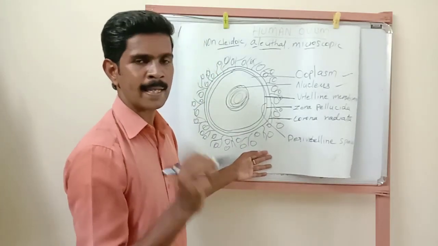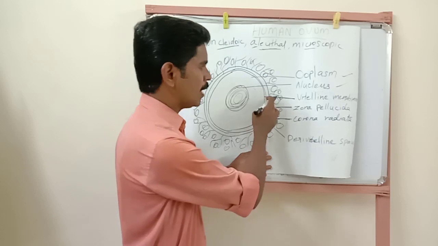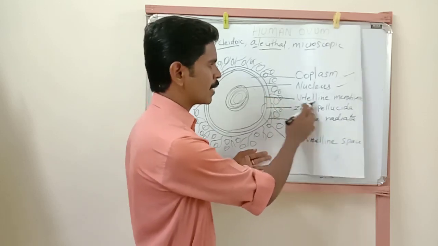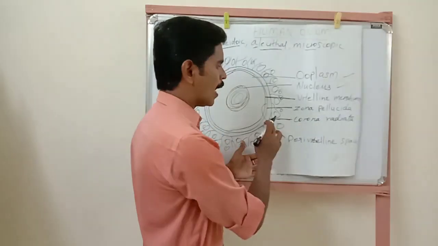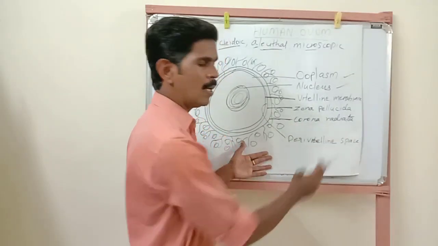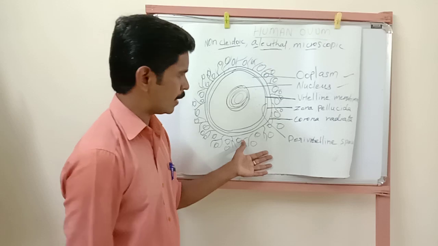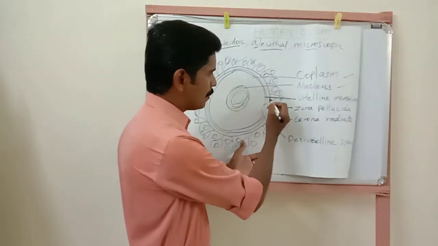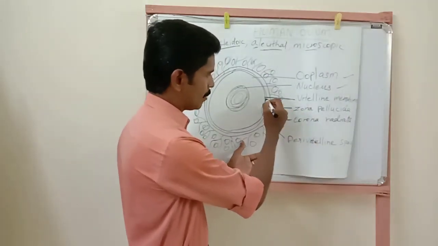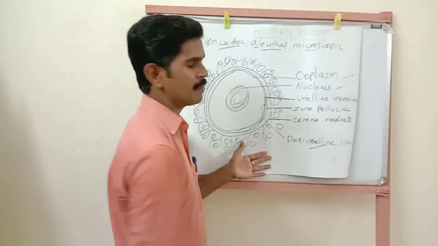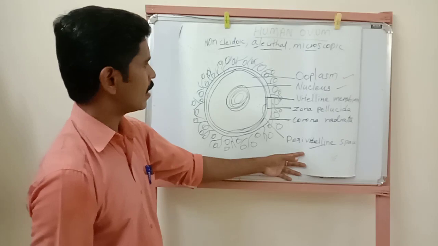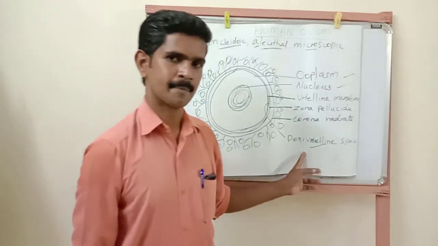Then between this vitelline membrane and zona pellucida, a space is present. This space is called the perivitelline space.